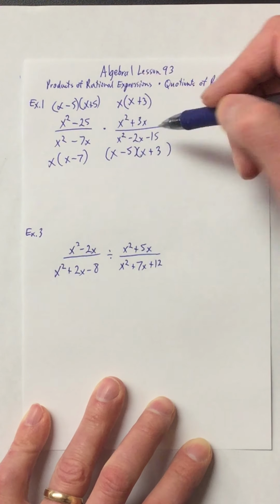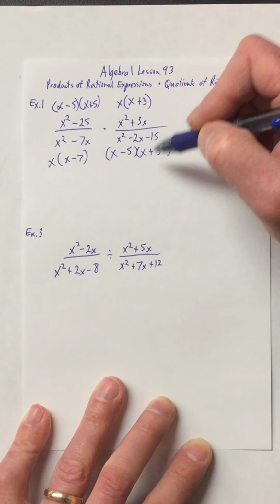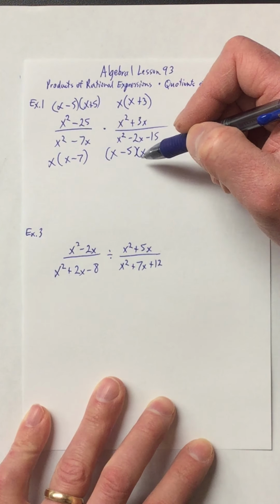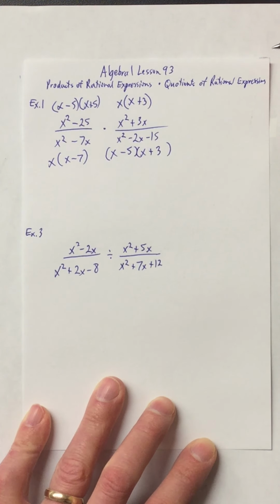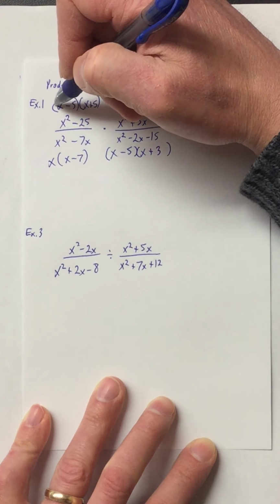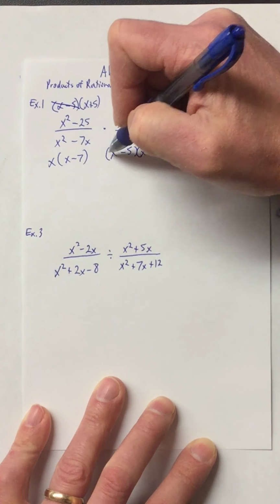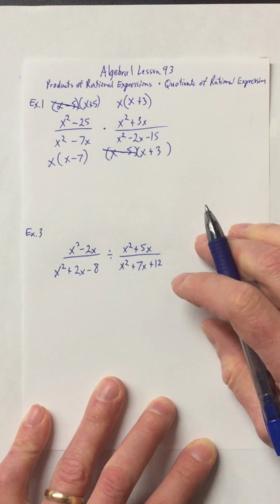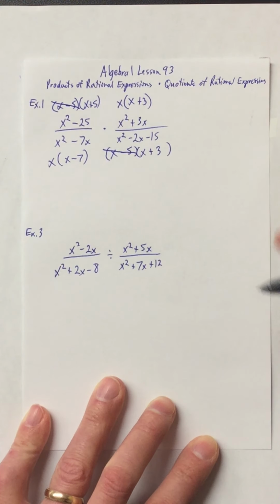Okay, so once we factor it that way, then since what's in parentheses is all connected by multiplication, we can cancel what's on the top and the bottom if it's the same thing. So for example, we have an x minus 5 here and one right here, so those cancel each other out. x minus 5 divided by x minus 5 is 1.